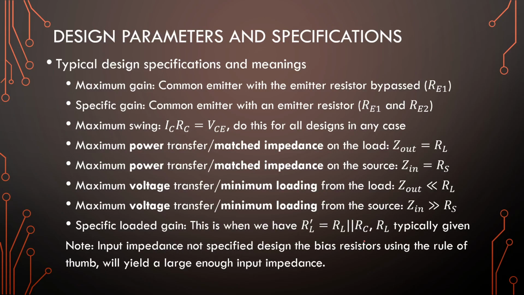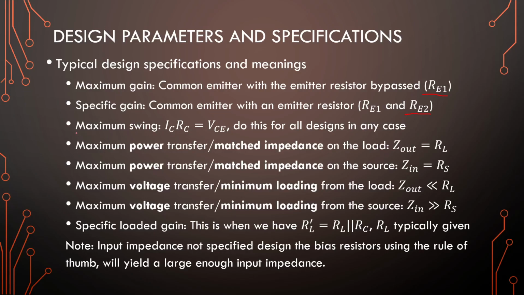Right, so some design parameters and specifications. If you are ever asked to design for maximum gain, you're going to use a common emitter with the emitter resistor bypassed. And for a specific gain, you will include the second emitter resistor.